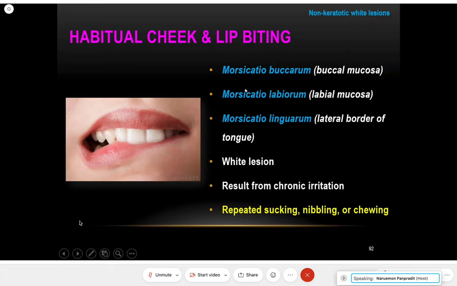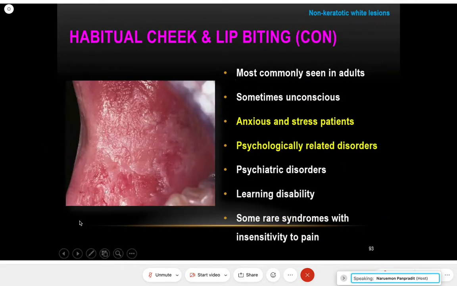If they chew the buccal mucosa, it's called morsicatio buccarum; if they chew the labial mucosa, morsicatio labiorum; and if they chew the lateral border of the tongue, morsicatio linguarum. It shows the character of a white lesion with an eroded surface, because it's chronic. You chew your tongue or buccal mucosa again and again, and it comes out like this, a rough surface.